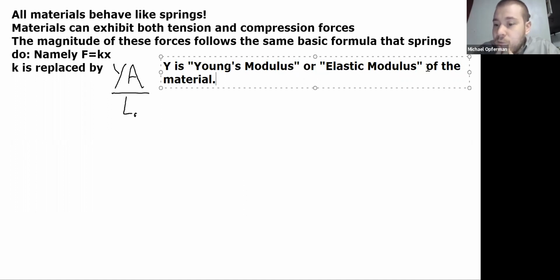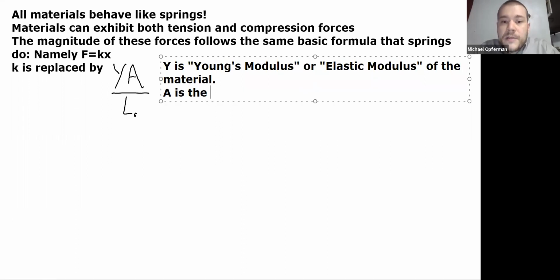Like, if you take a steel bar and you stretch it, and then you take a bone and you stretch it, which one will provide a stronger force to pull it back together? That's what the Young's modulus is telling you about the material.